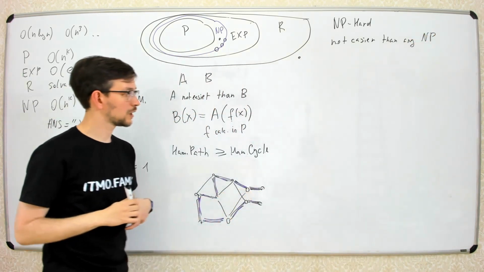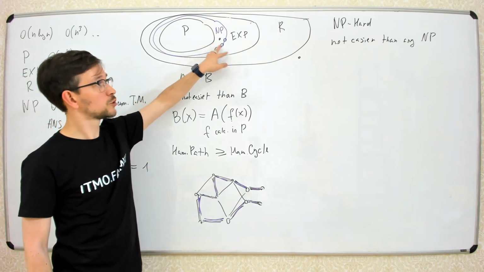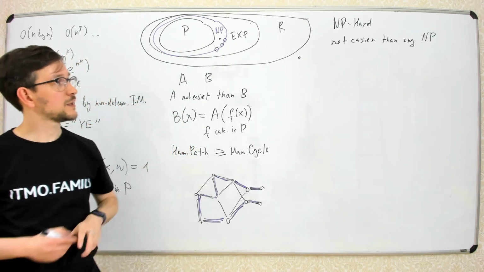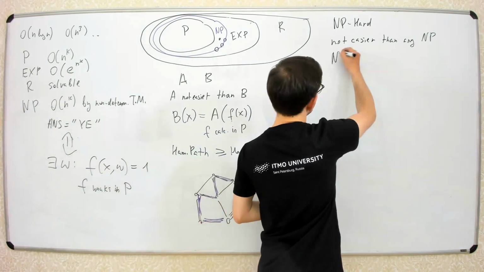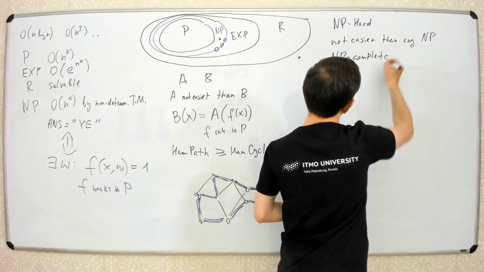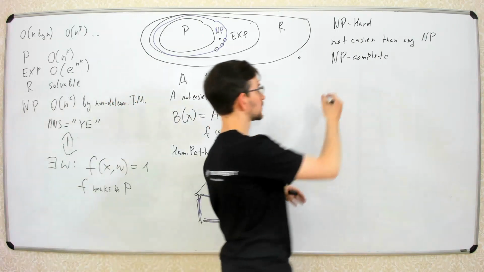What does it mean? It means you actually can reduce any problem to your NP-hard problem. And an NP-complete problem means that the problem is NP-hard and belongs to NP.